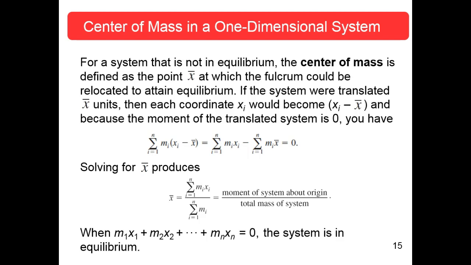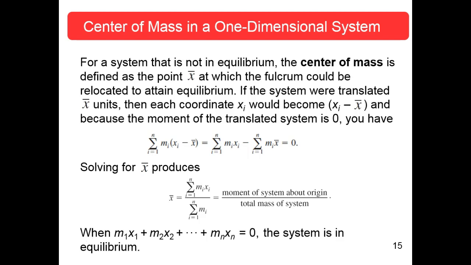This is the summation of all your m sub i times x sub i minus x bar. So if x bar is to the right, that's going to be a negative number. If x bar is to the left, this will be a positive number. In other words, if the x sub i is to the left, it's less than x bar, so that's going to be your negative number. All the ones where x sub i are to the right, those will be positive numbers. That's how you balance things out.